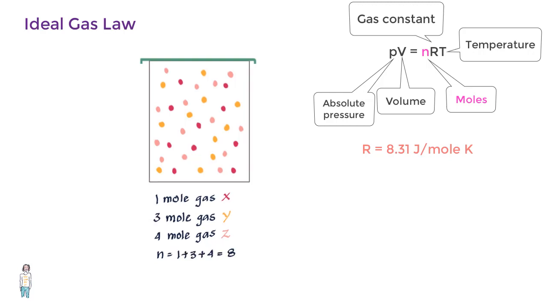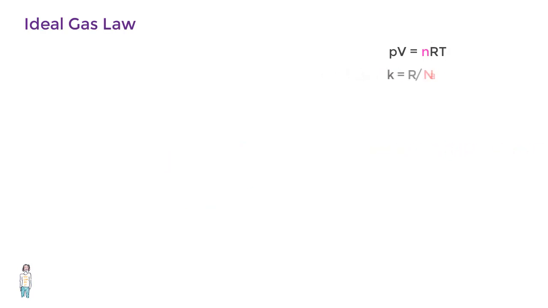Well, we can rewrite this equation in another form where we introduce a new constant called the Boltzmann constant k, which is k = R/Na, where Na is Avogadro's number. So this equals 8.31 divided by 6.02 × 10^23, which equals 1.38 × 10^-23 joules per Kelvin.